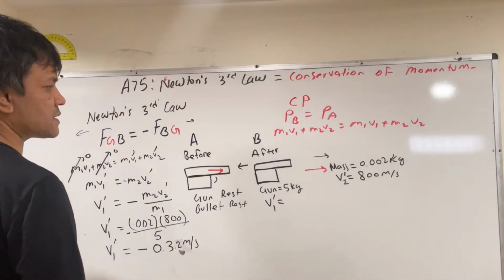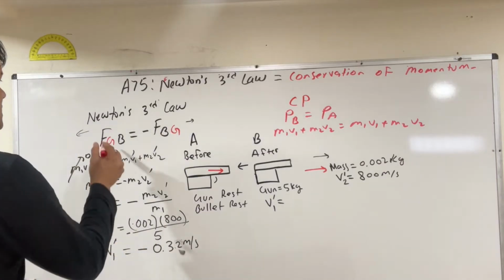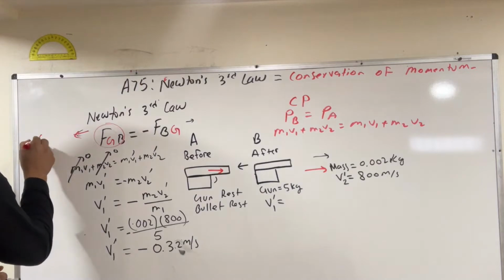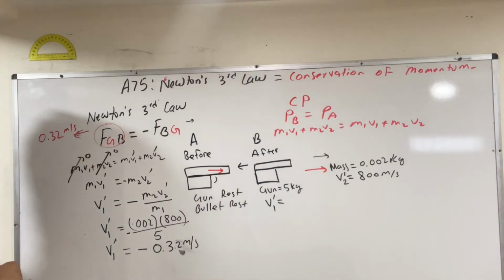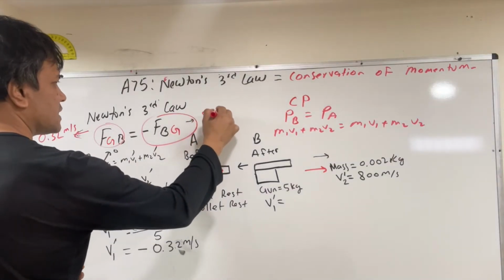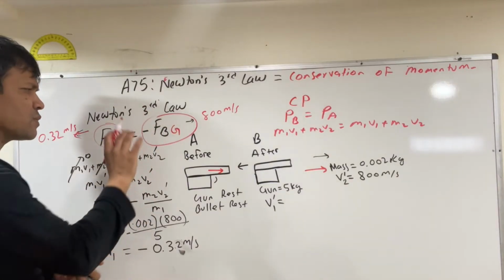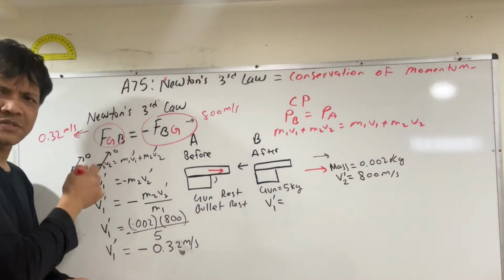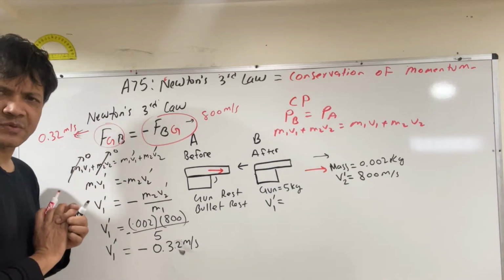So the gun moves this direction with 0.32 meters per second, because the bullet is moving the other direction with 800 meters per second. If the bullet's velocity were 0 meters per second, then the gun would not be moving. So the gun is moving because the bullet is moving. You see the connection of Newton's third law.